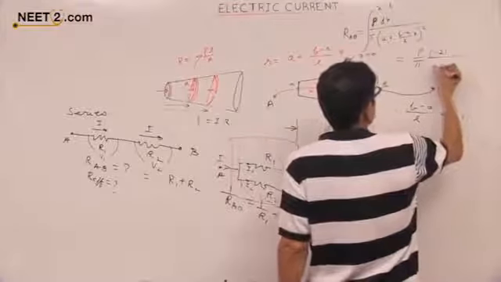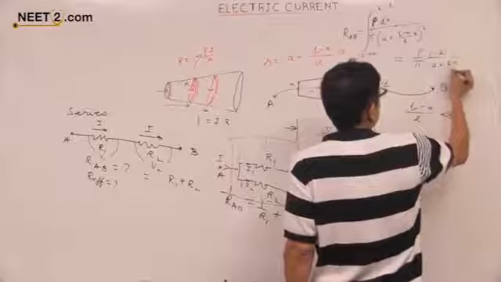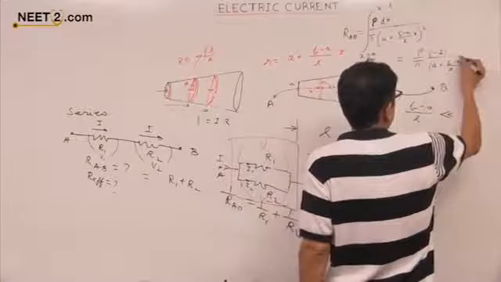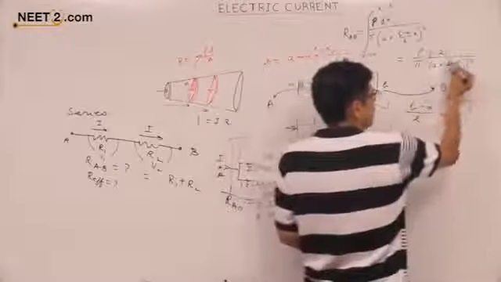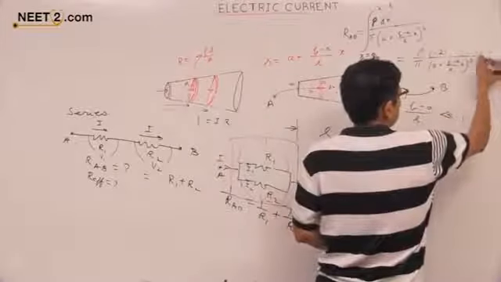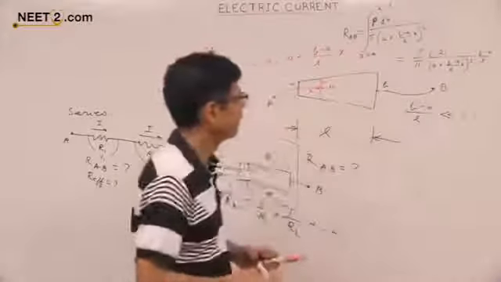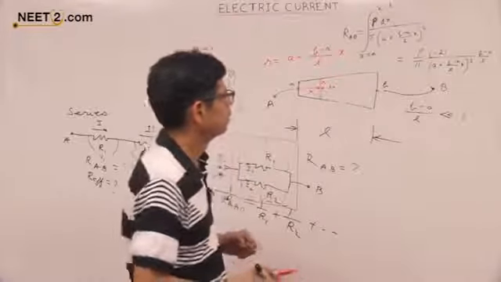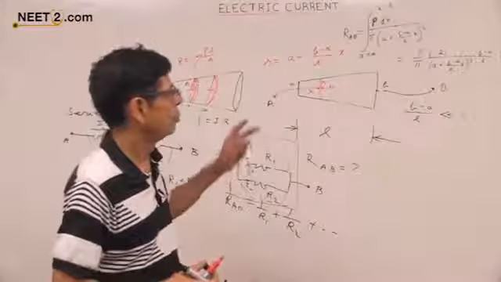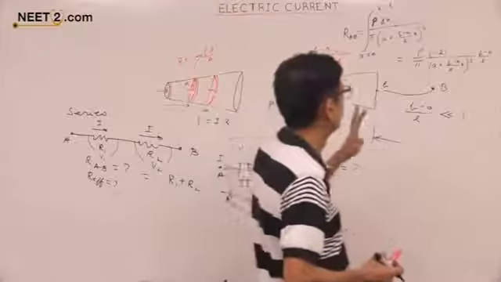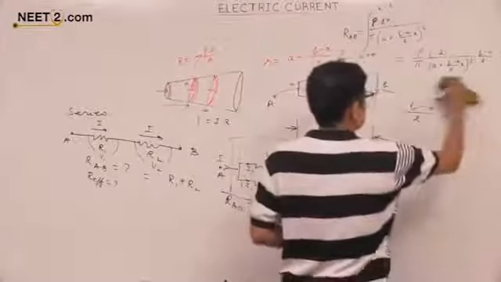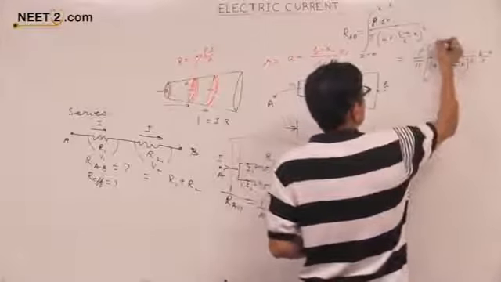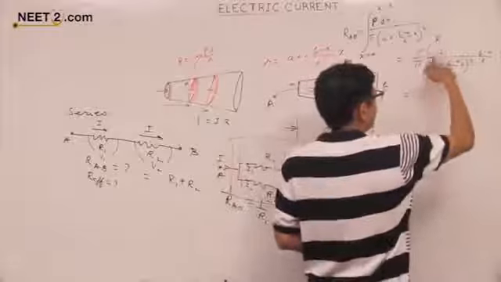Meaning this becomes a plus (b minus a) upon L times x, and by chain rule I have to multiply by the derivative of this, which is (b minus a) by L. And the limits 0 to L. The minus sign can be taken care of by flipping the limits.